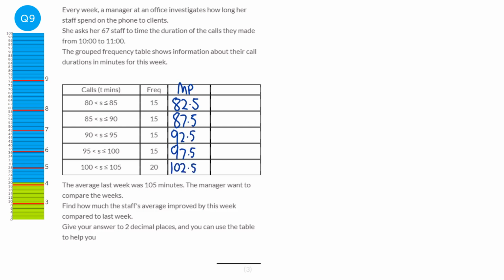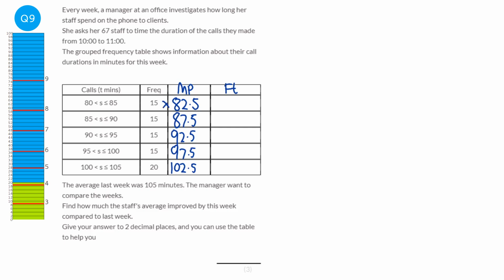Next we need to find the ft, which is just the frequency times the duration of calls. Now in this first group we're not timesing it by 80 to 85 or anything like that, we're timesing it by the midpoint. So our midpoint effectively becomes the t.